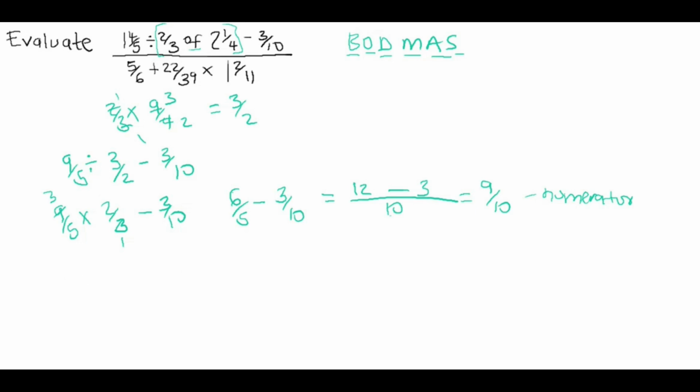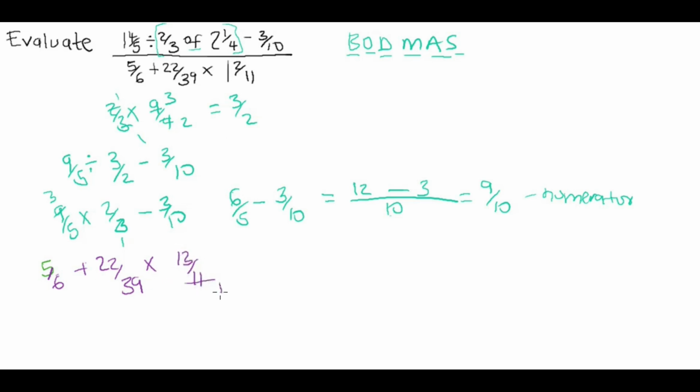The denominator is 5/6, and let's use a different color so that we don't get confused. 5/6 plus 22/39 times 1 2/11. 1 2/11 can be written as: 11 times 1 is 11, plus 2 is 13, so 13/11.